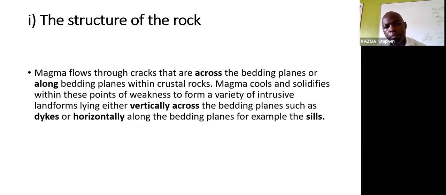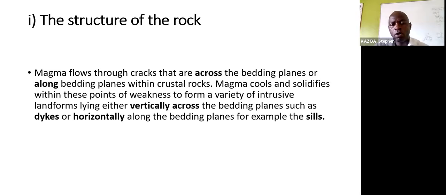So the formation of intrusive features depends on the following. First of all, it depends on the structure of the rocks. You have to point out these ones. For example, sometimes magma flows through cracks that are across the bedding planes or along the bedding planes. For example, during the formation of the sill, magma is intruded either vertically or horizontally. That's why you have to mention these factors which influence the formation of the features.